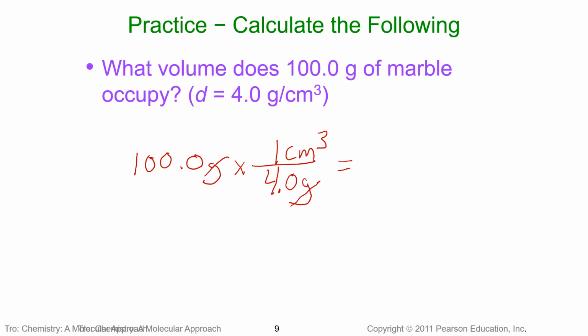We have 25 cubic centimeters, 3 significant figures from the grams, 1 for our density. So we would report our significant figures to 1 for our answer. The units are correct for a volume, and the volume makes sense because our density is larger than 1. We would expect a number smaller than 100.